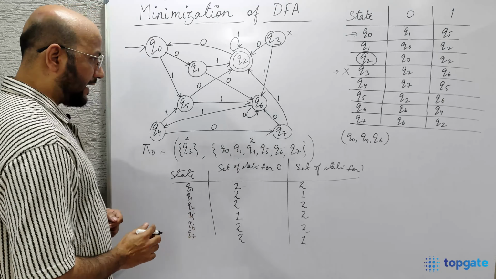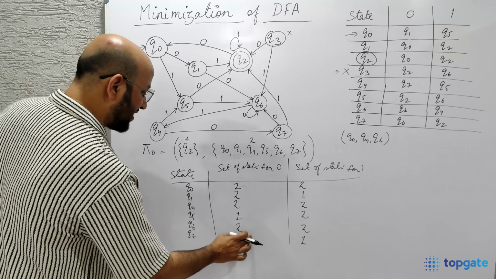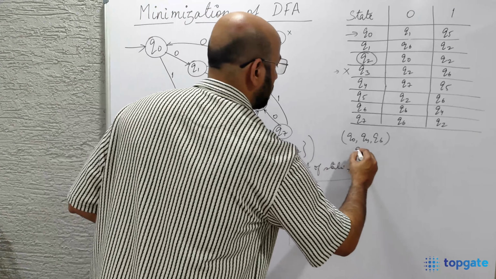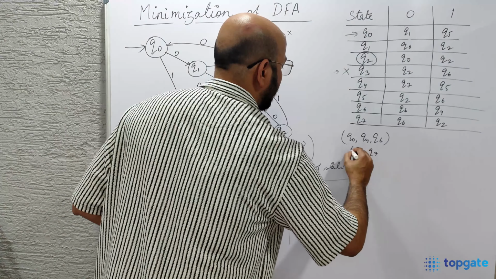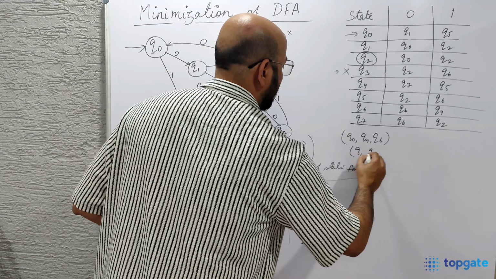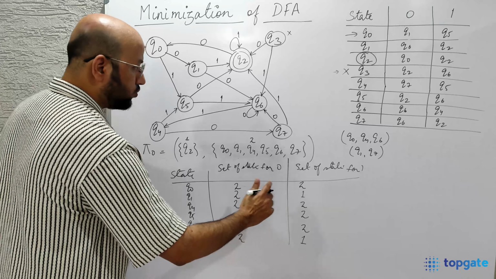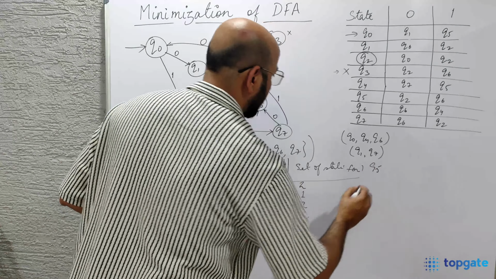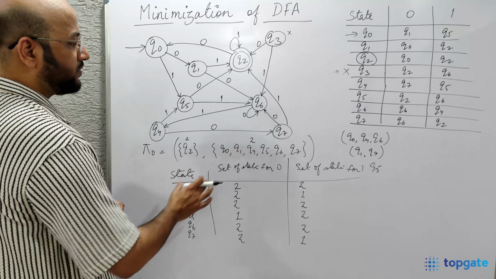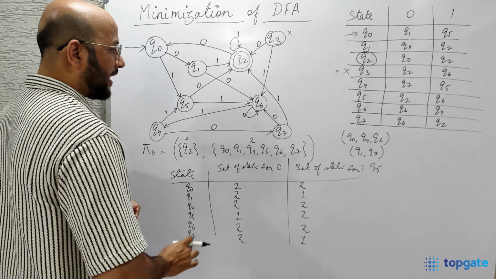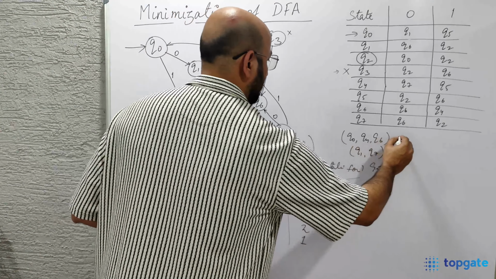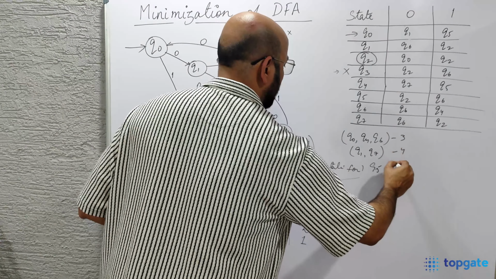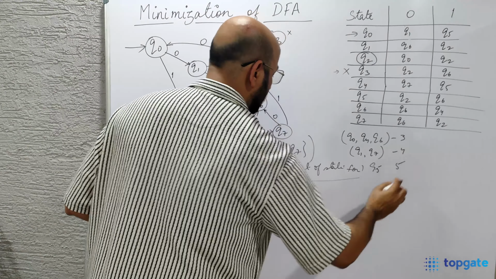Similarly, Q1 has 2, 1, and Q7 has 2, 1. So Q1 and Q7 are the same. And there is Q5, which has a different set, that is 1, 2. So I'll write Q5 here. Now this set number 2 is further divided into three sets, and we call these set number 3, set number 4, and set number 5. Clear?